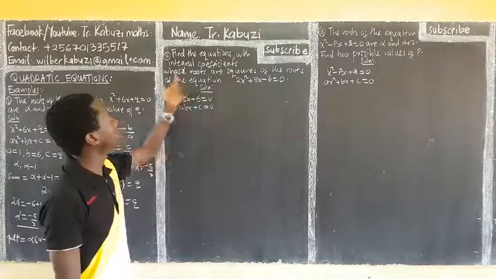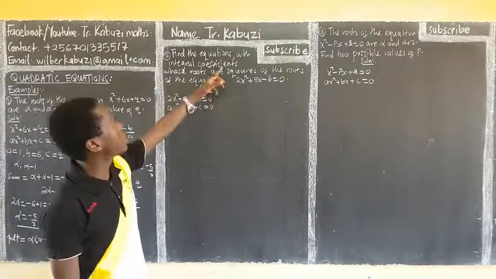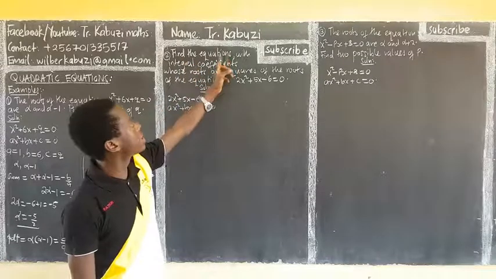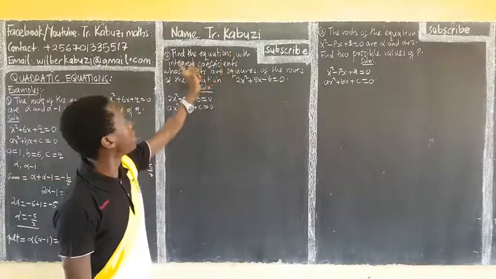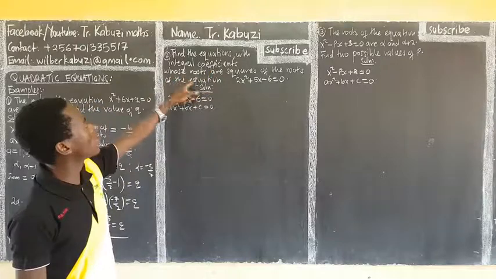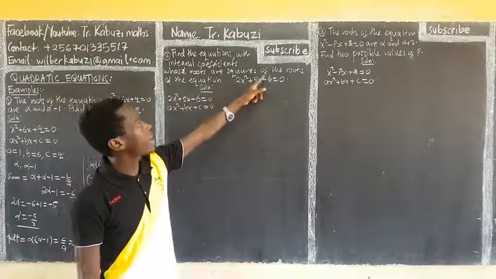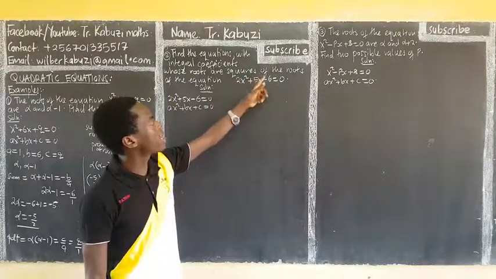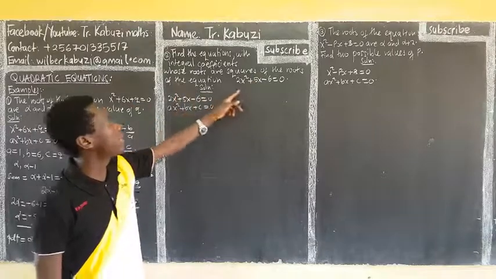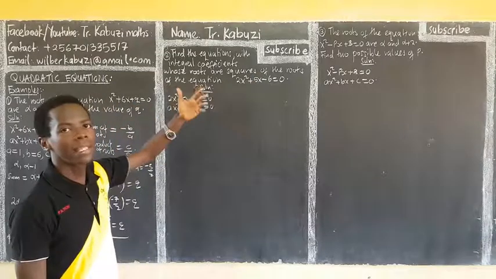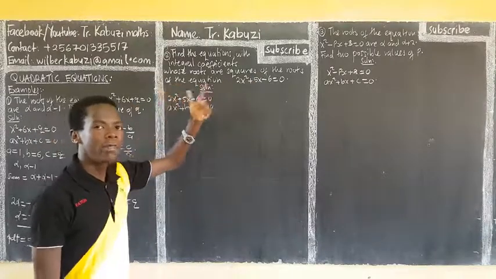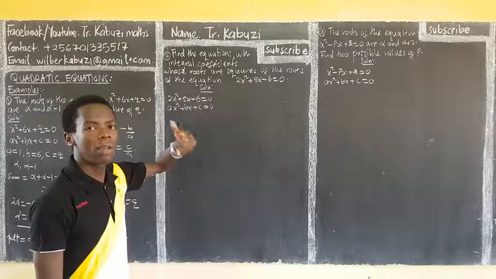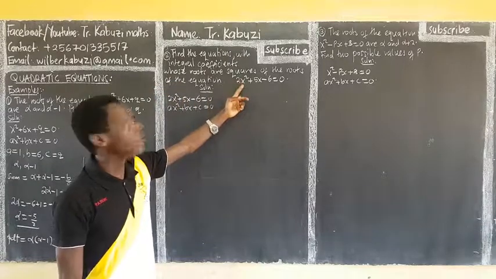Okay, let us see now how we have this. Find the equation with integral coefficients whose roots are the squares of the roots of this equation. The roots of the equation we want to get are squares of the roots of this equation. So what do we start with?